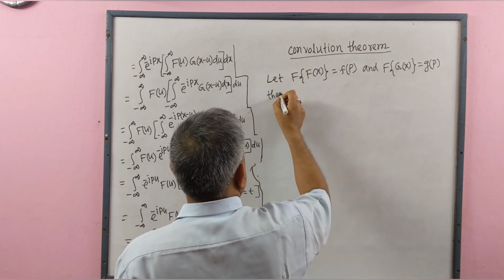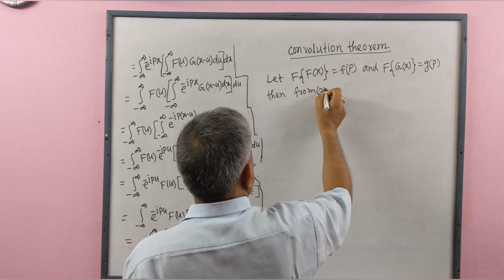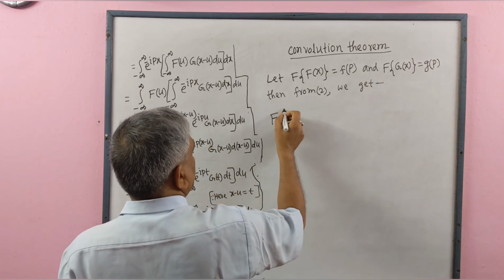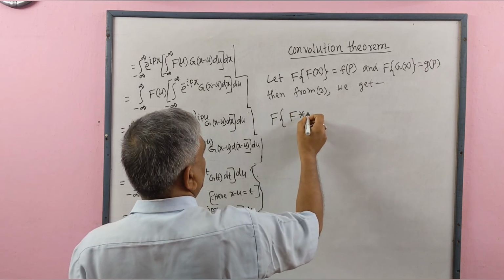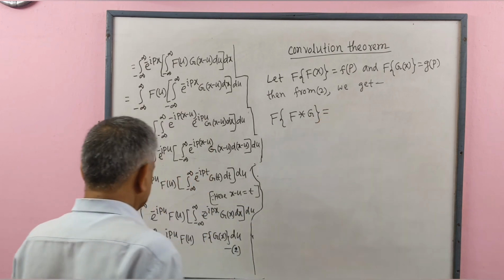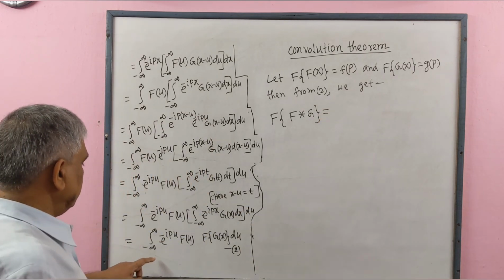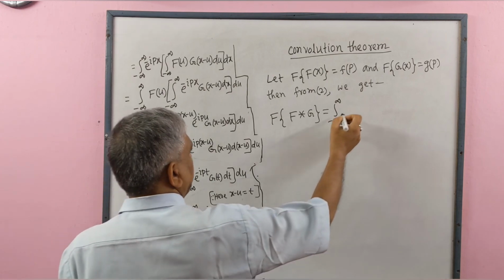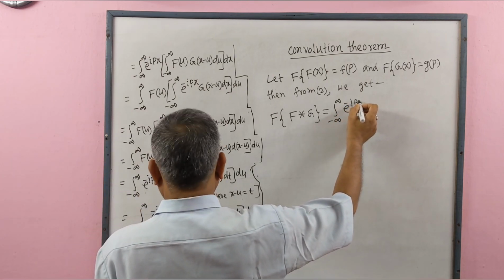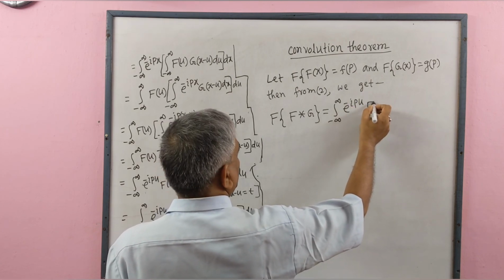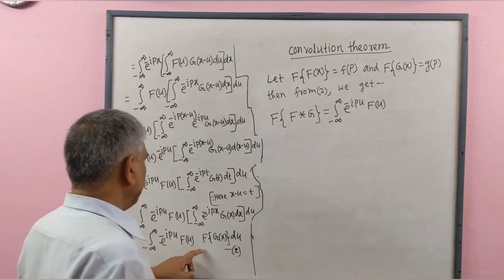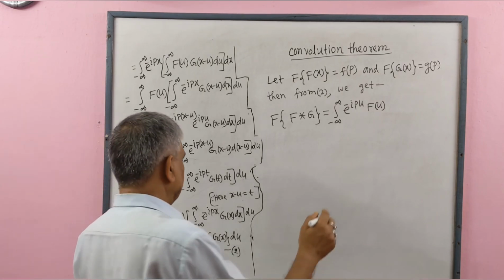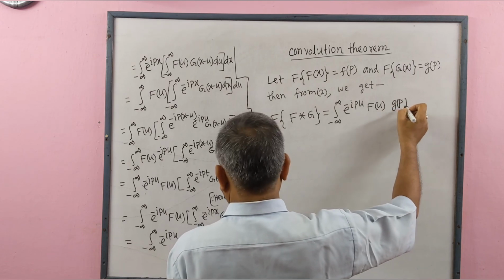Then from 2 we get the Fourier transformation of the convolution of f(x) and g(x) equal to, here we write the integration from minus infinity to infinity of e to the power minus ipu f(u) and the Fourier transformation of g(x), which is G(p), and du.